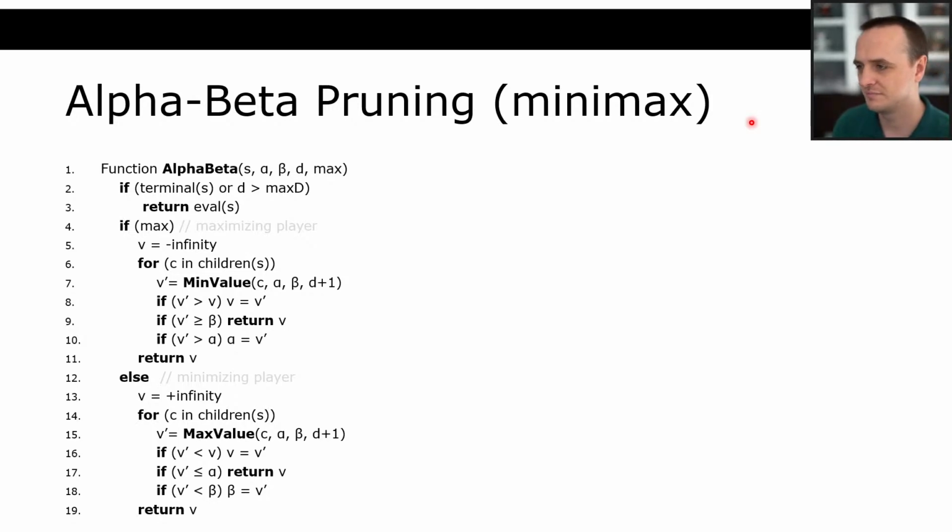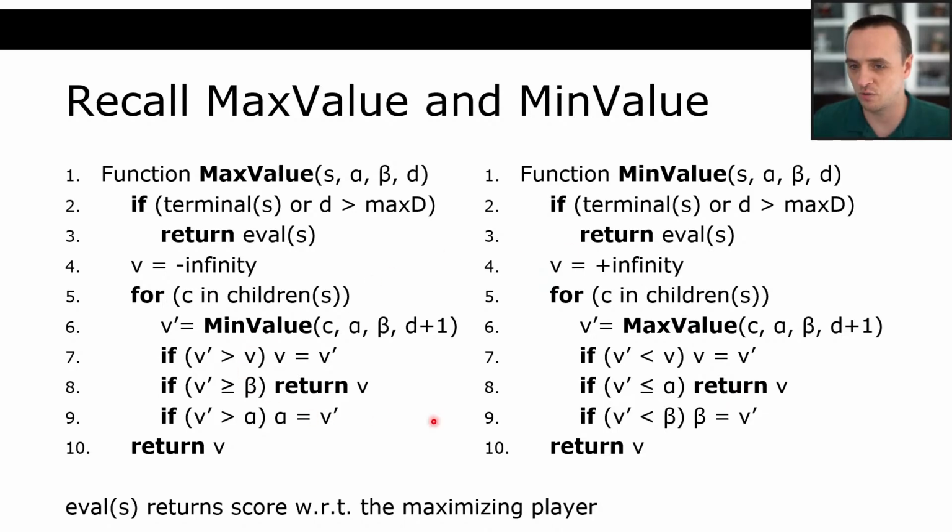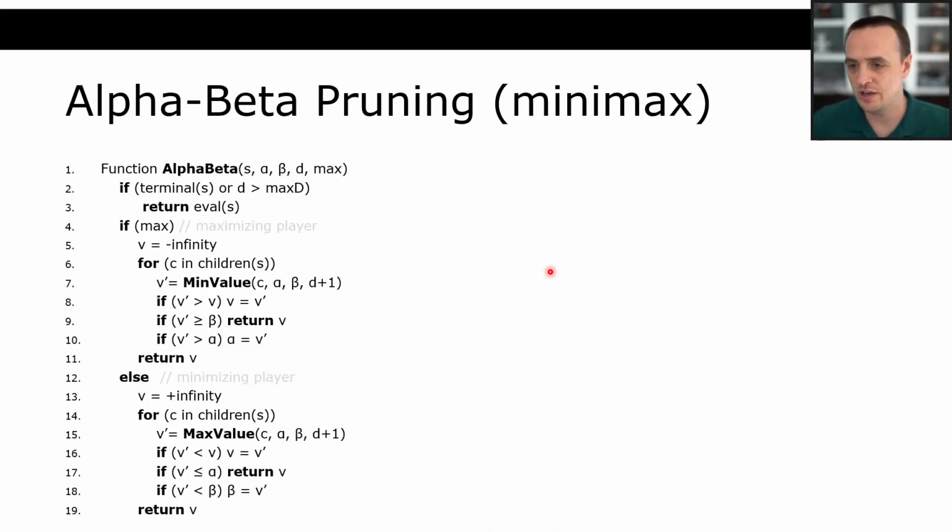But there you go. Sometimes algorithms are a little bit long. But essentially, all we did is took this thing, which we already understand, and then we wrapped it around this max, right? So if I'm maximizing, do the maximizing step. If I'm minimizing, do the minimizing step.